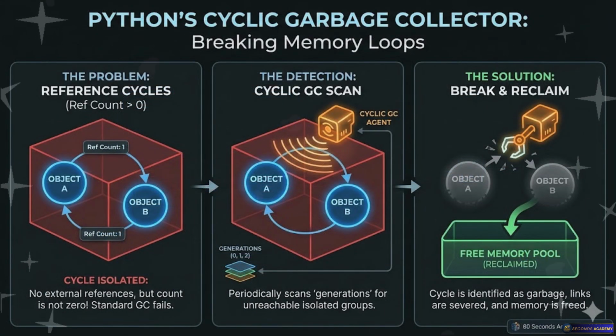So there's a backup janitor. Yes. It periodically scans memory, looking for these isolated islands of objects that reference each other but aren't connected to the main program, and it kills them. That sounds like it takes extra work. It does. Relying on that adds overhead. As an ML engineer, you want to manage your references cleanly so the simple reference counter can do its job fast.